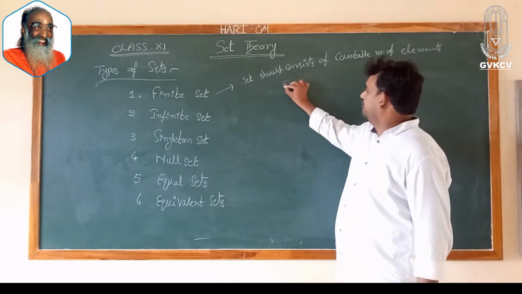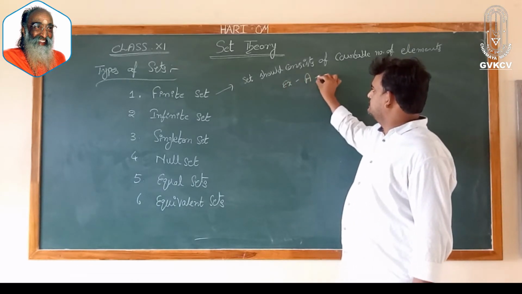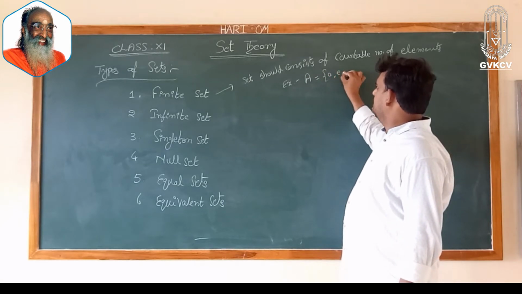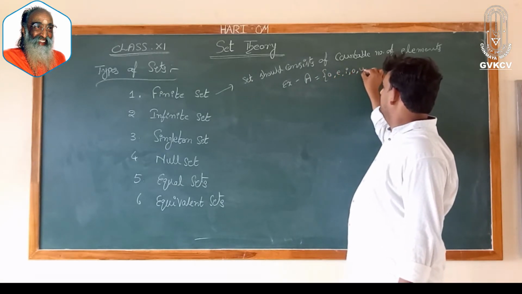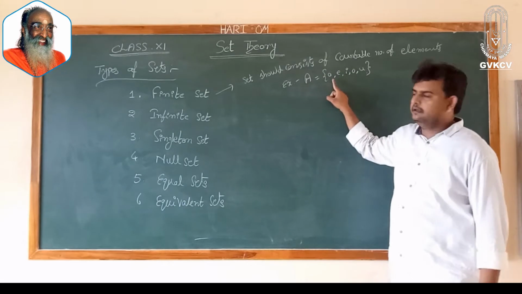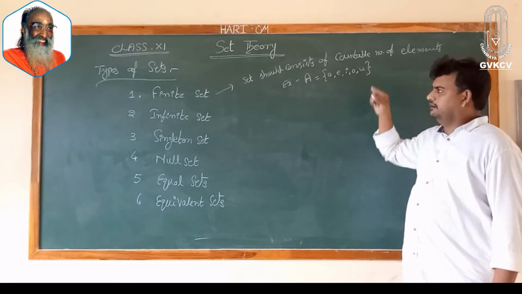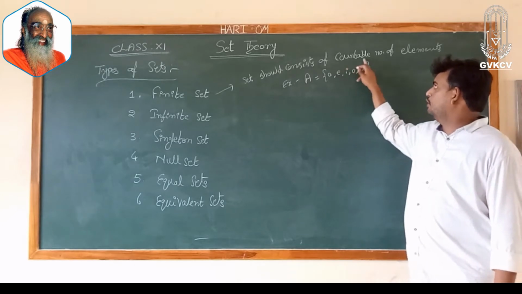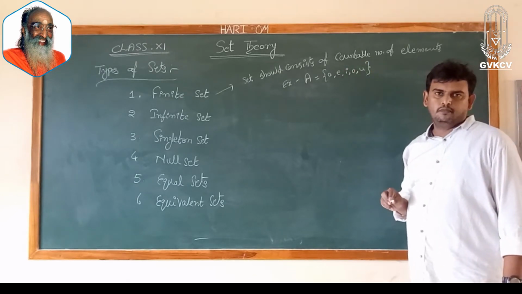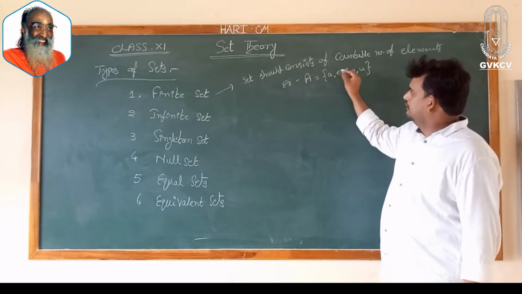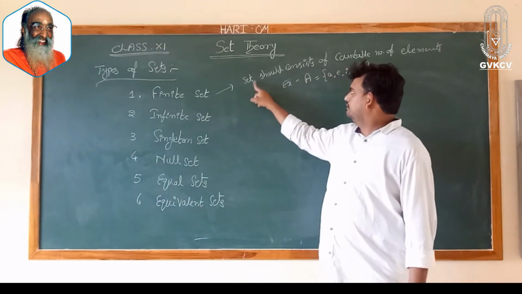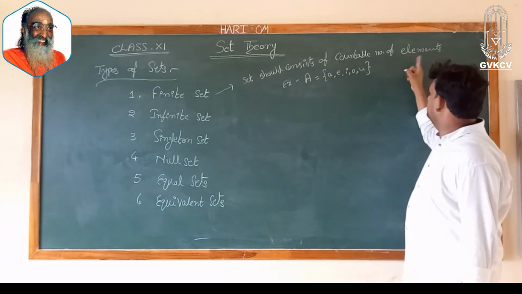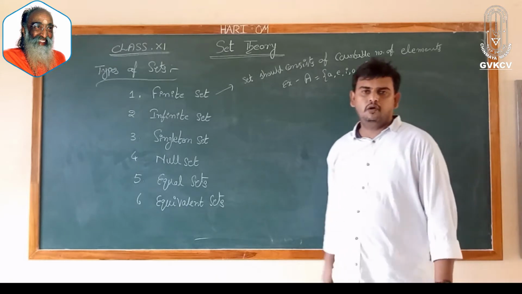For example, A is equal to {a, e, i, o, u}. How many are there? 1, 2, 3, 4, 5. So 5 numbers. That is nothing but countable. So any set which contains a countable number of elements is nothing but called finite set.